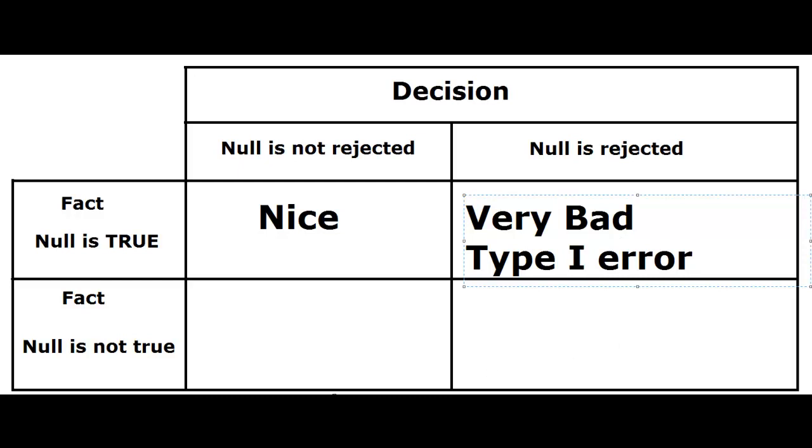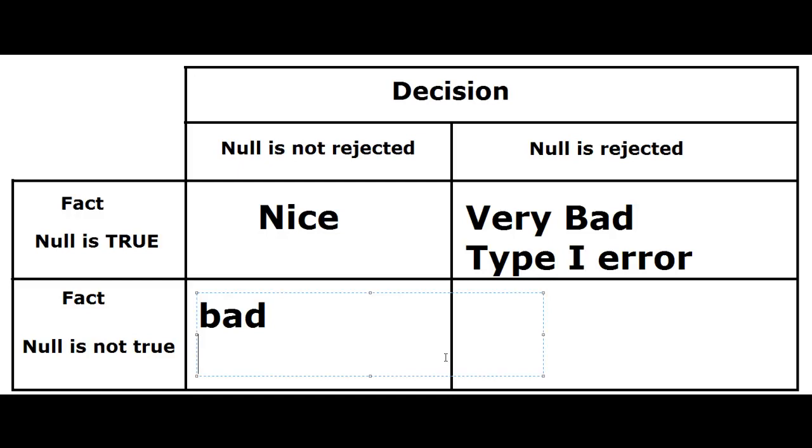Now come to the situation where the fact is that the null is not true and we do not reject it. What happens here? We again made a bad decision. The bad decision is that we failed to reject a false null.